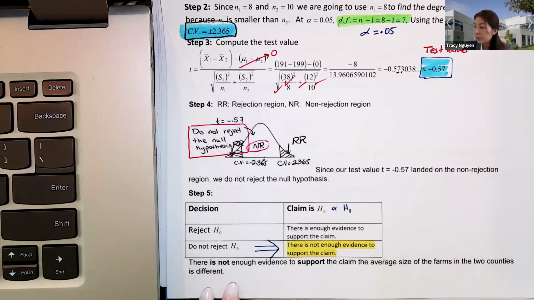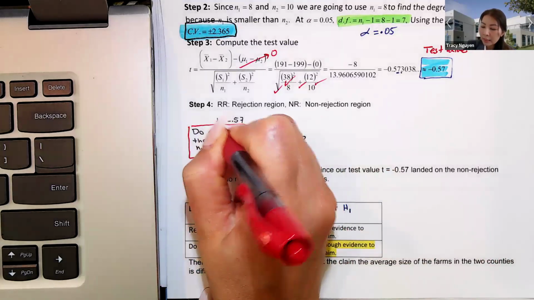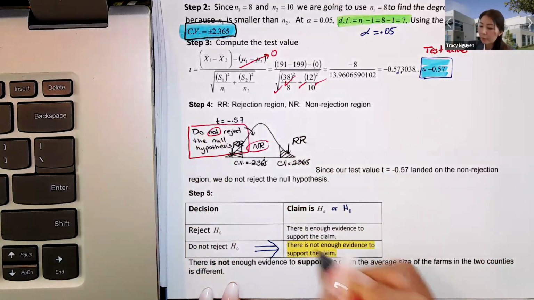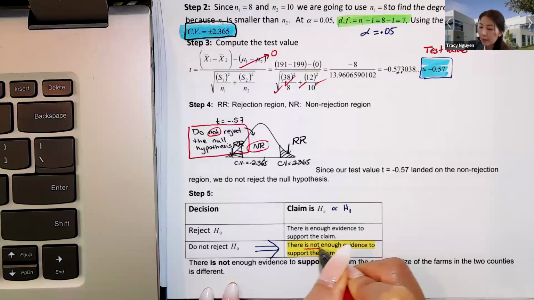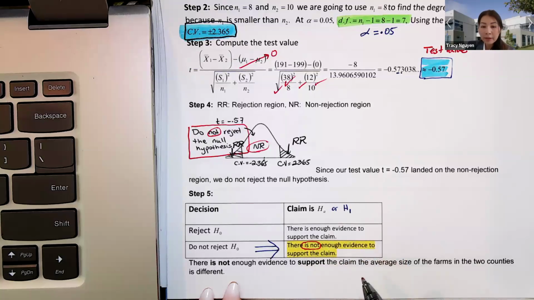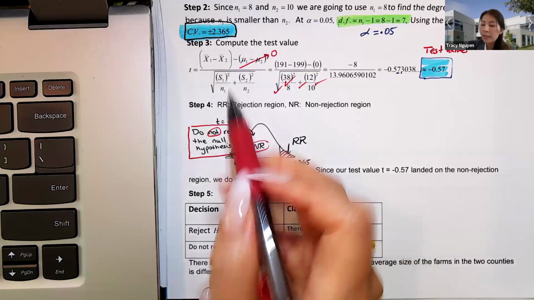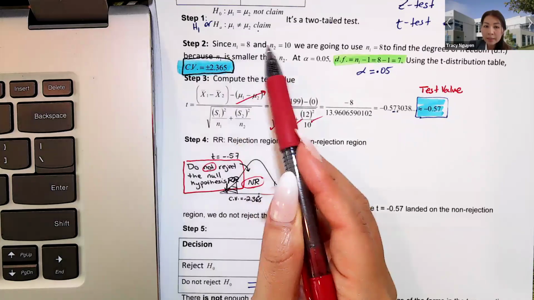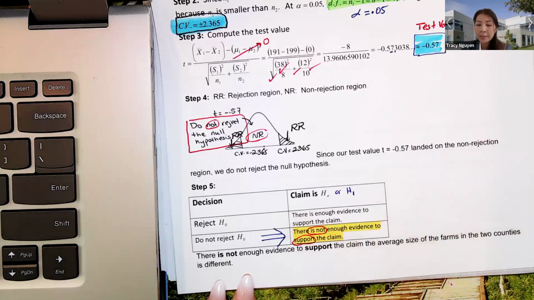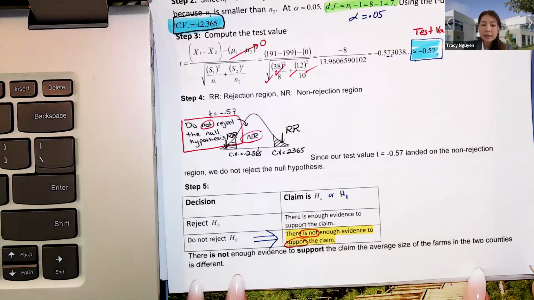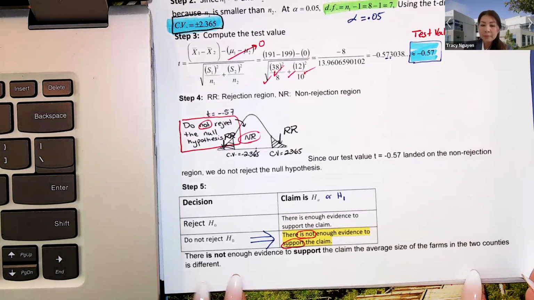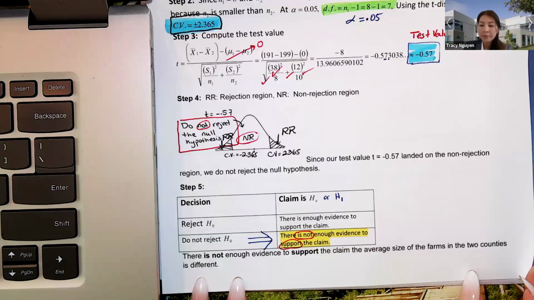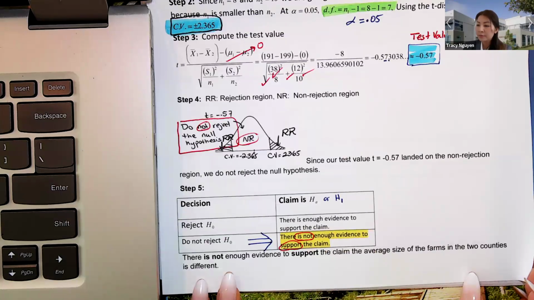So by now, you know that because we have the word "not" in our decision in step 4, then in step 5, there is not enough evidence to support the claim, where the claim is H0 or H1. We use the language of support. So there's not enough evidence to support the claim that the average size of the forests in the two counties is different.